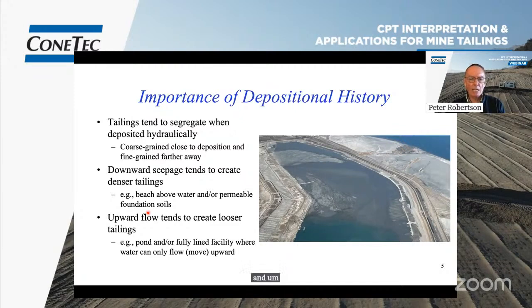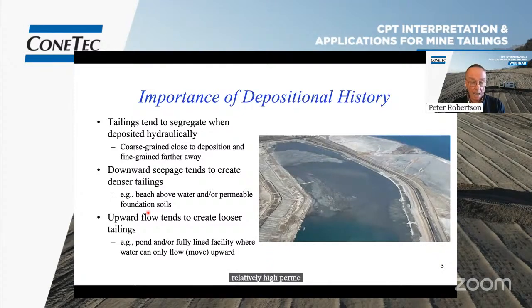What you tend to find is that when you create a beach above water, so a subaerial depositional environment, with the hydraulic deposition, the water tends to flow downward, and that downward flow tends to create slightly denser tailings. And that's likewise true if you have a tailings deposit that has a relatively high permeable foundation.